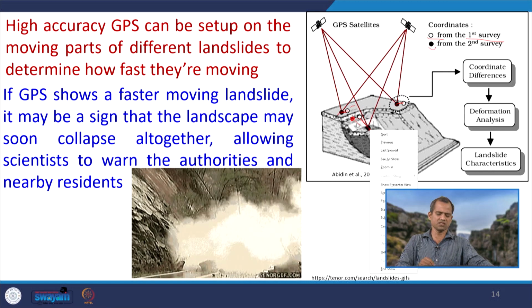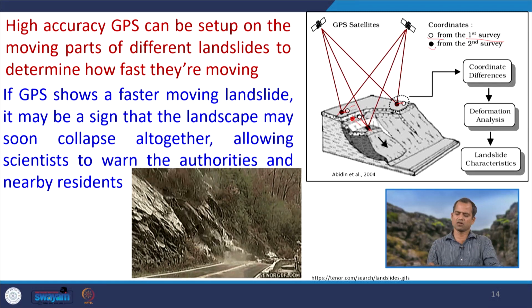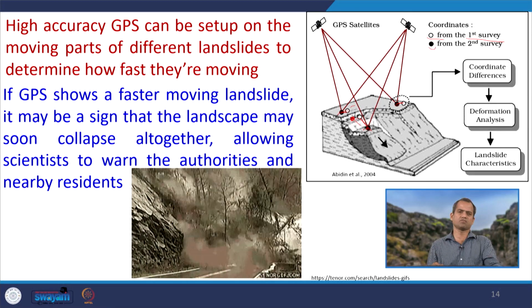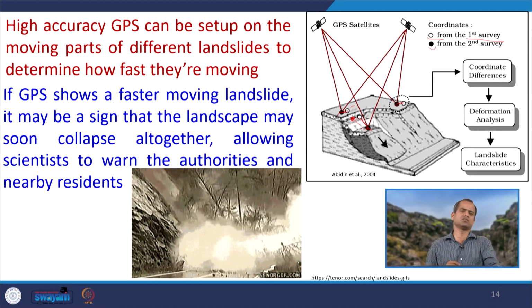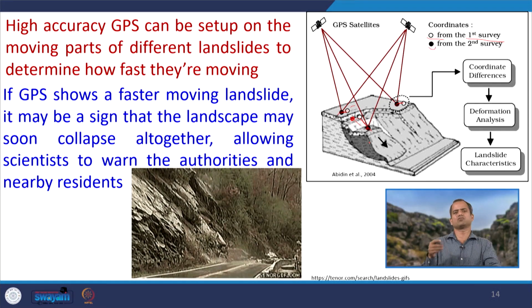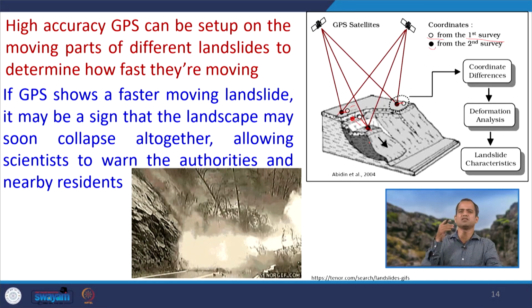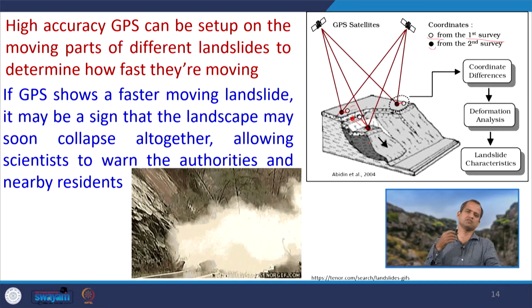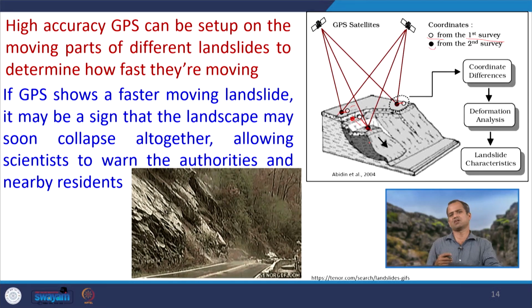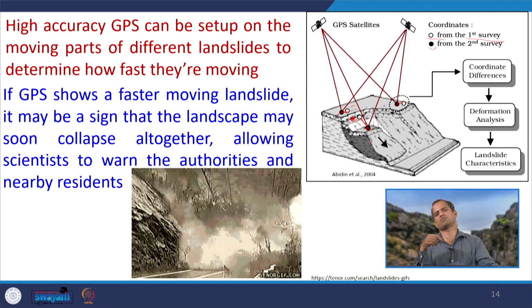That means it is indicating there is subsidence. So, both latitude-longitude wise there is a change and altitude wise there is a change. This is how scientists are monitoring the landslides, and where the GPS stations are moving very fast, they are predicting that in the very near future there could be a landslide.